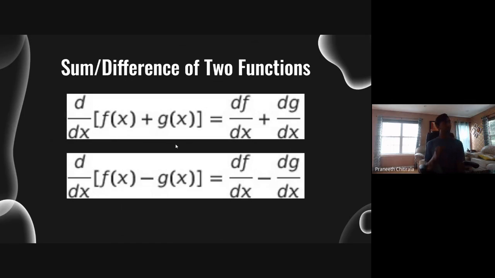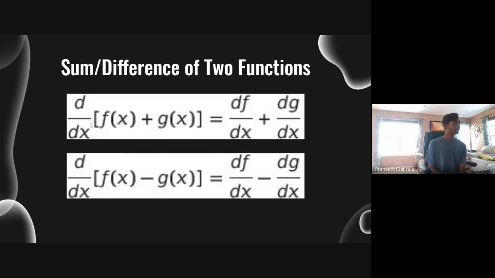Now the derivative of the sum or difference of two functions is very simple. You just separate the functions and then add the derivatives of each individual function. So if you have the sum of f of x plus g of x, the derivative of that is just the derivative of f of x plus the derivative of g of x.